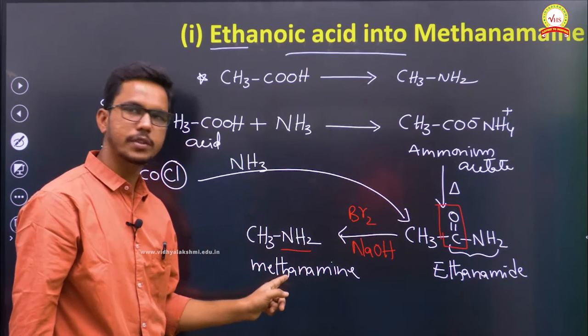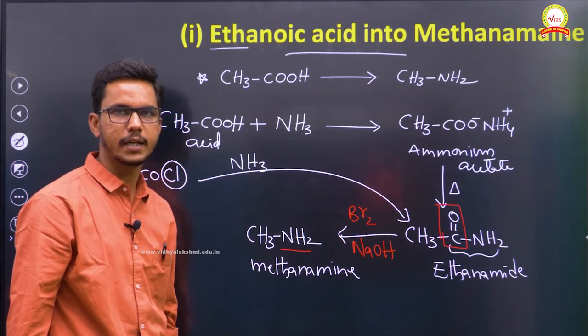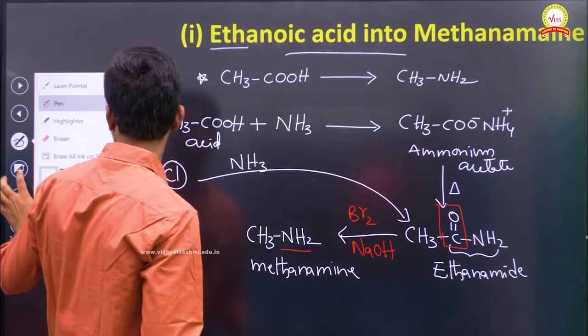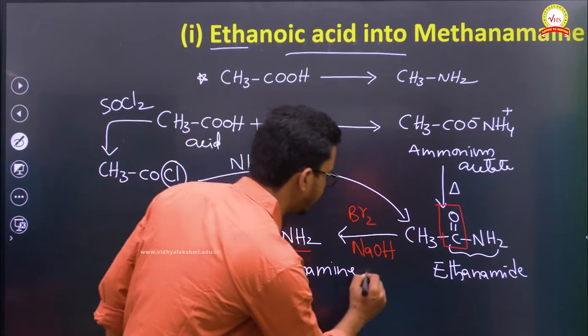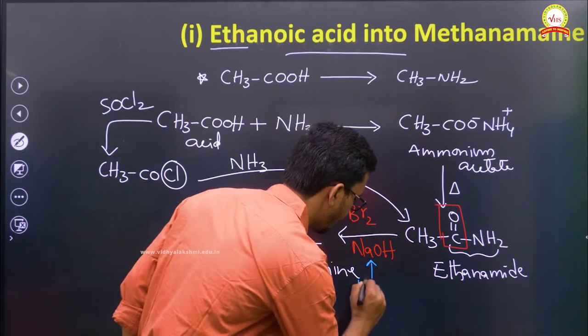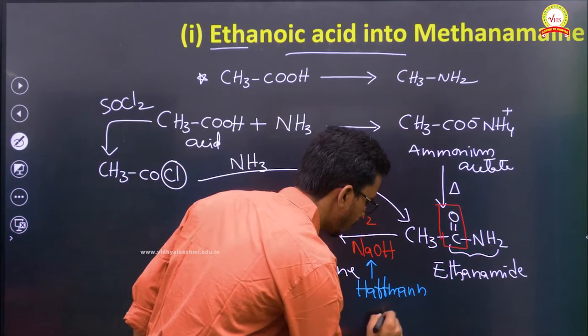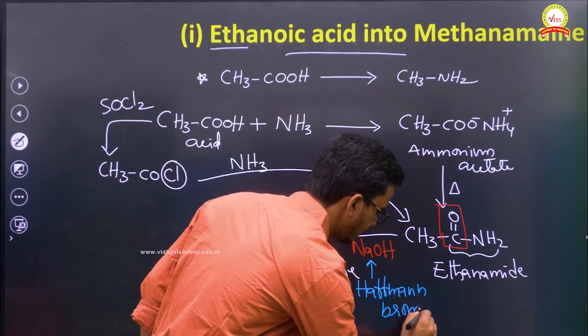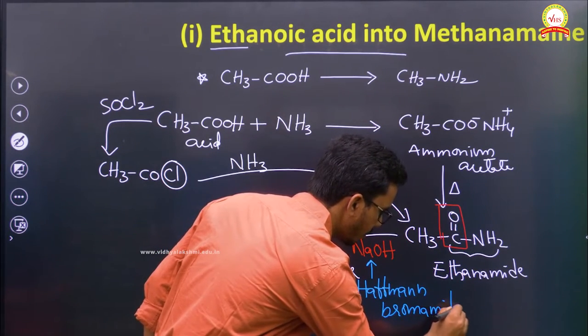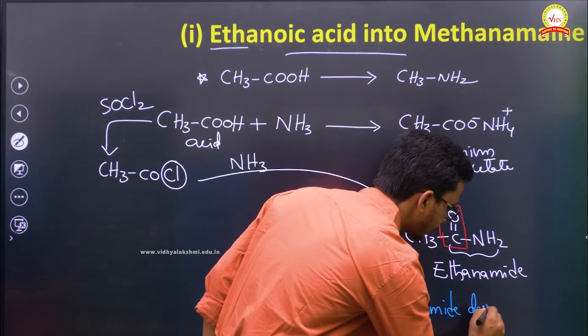From the amide, this conversion is common, that is the Hofmann bromamide degradation reaction. Let me write the name of the reaction here. The name of this reaction is the Hofmann bromamide degradation reaction.